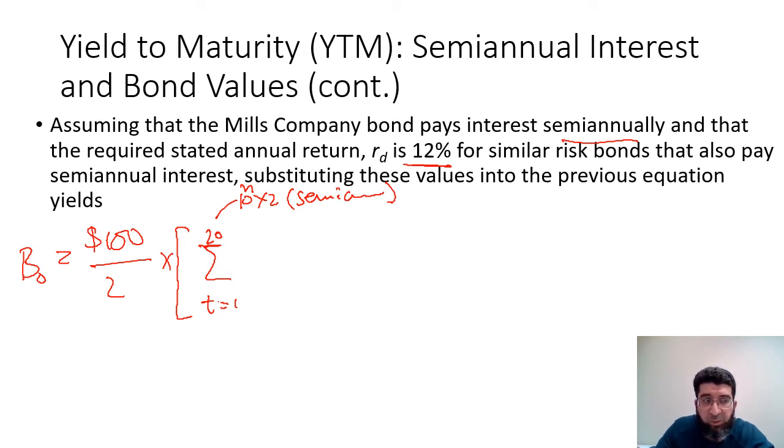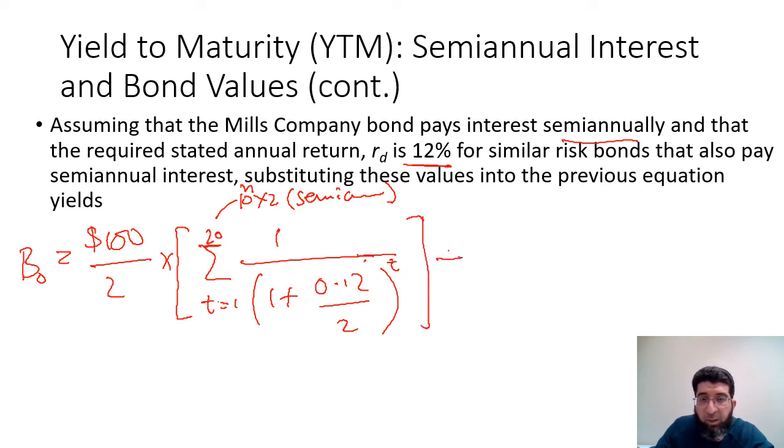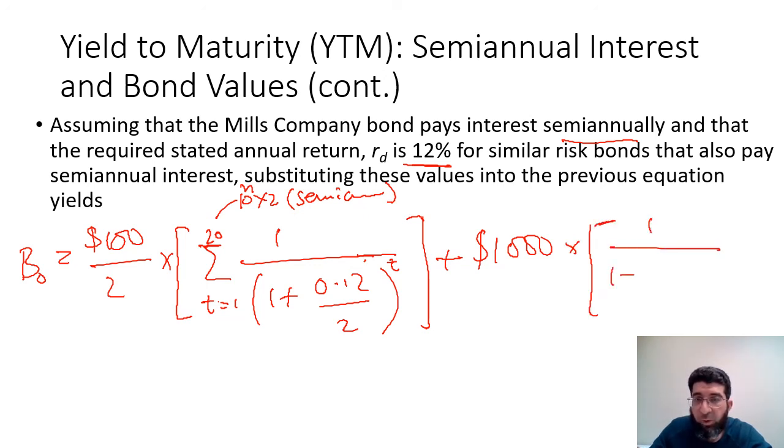And that would include 1 over 1 plus 0.12 divided by 2, to the power T, and we will add this to M, which is the 1000 maturity value, discounted by 1 over 1 plus 0.12 over 2, and the last payment is on the 20th period. This gives us the value of 885.30.